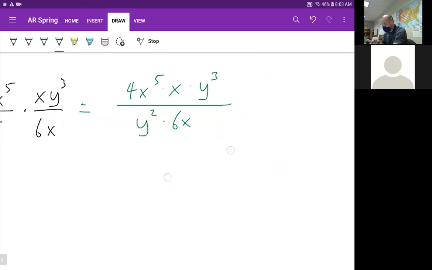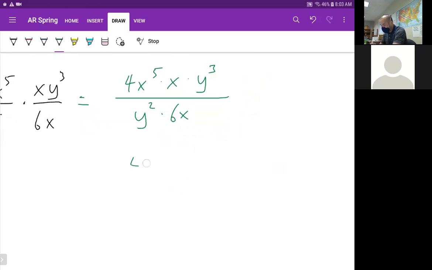So first thing, let's organize this. At the top, it's 4, and that's x to the 5th and x to the 1. So that means there's 6 of them. And then the y, there's 3 of them. So what I just did, I just combined these two. Those 2 went together. Oh, okay.